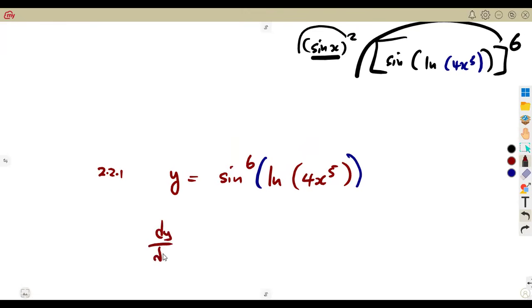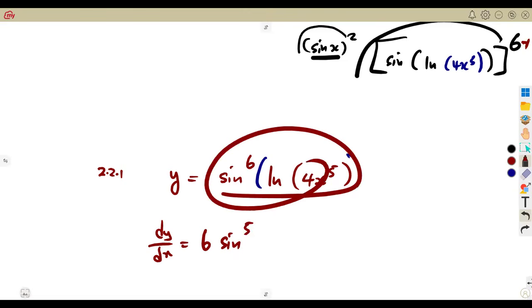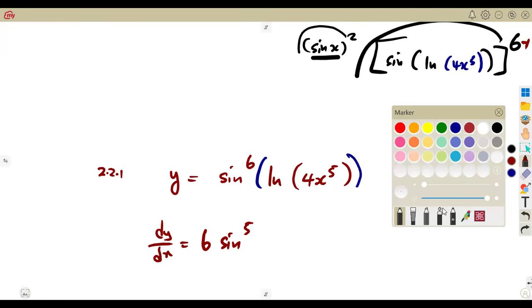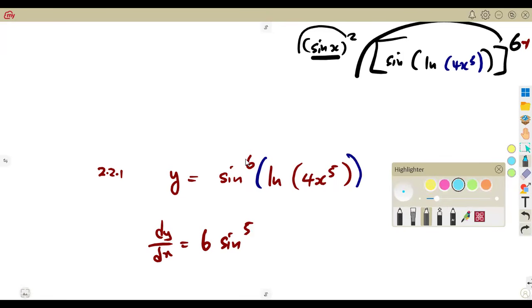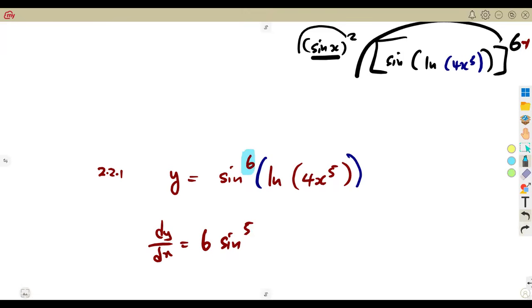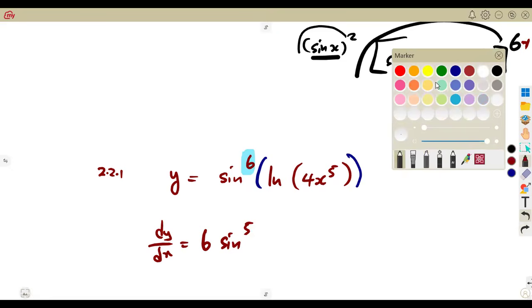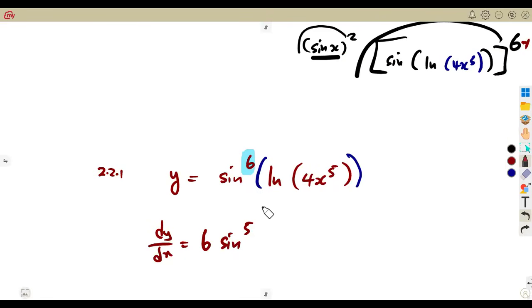The derivative there: you drop the power, 6, sine remains as it is, but we subtract 1 on the power. So 6 minus 1 is what? It's 5. You're focusing on the power here. Everything else remains as it is, the sine, the ln, this part.